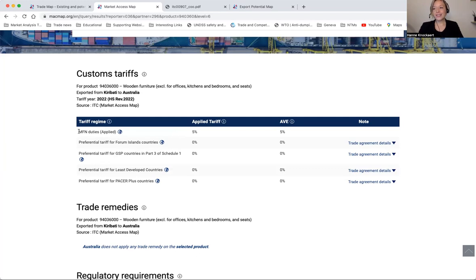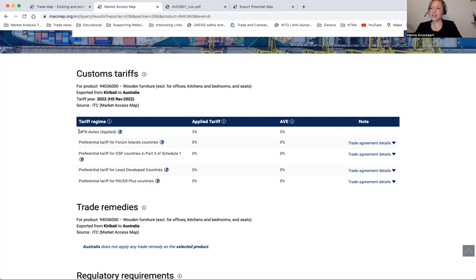So what is the MFN duties? I'm not sure if everyone is aware of what MFN duties are and why I kept searching. MFN duties are short for most favored nations duties. So countries that are WTO members, so members of the World Trade Organization, make the commitment to give everyone in the whole world the same treatment, which is called the most favored nations treatment.